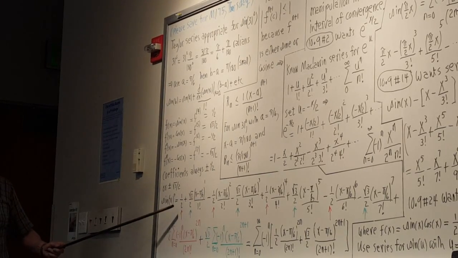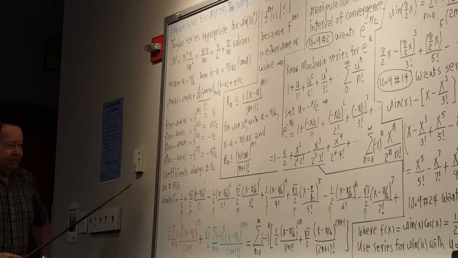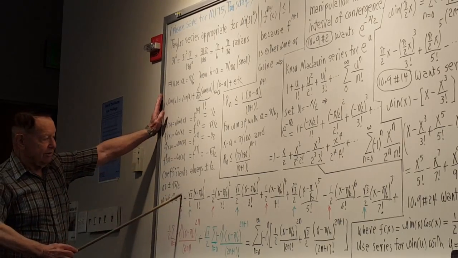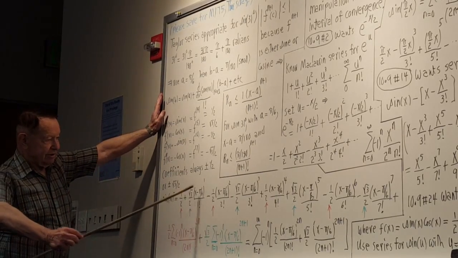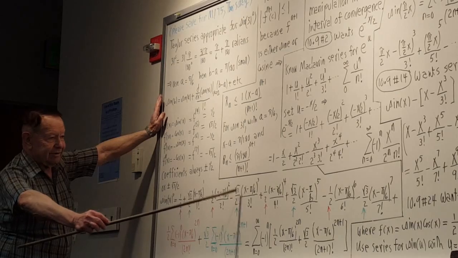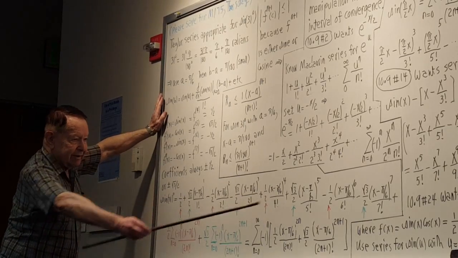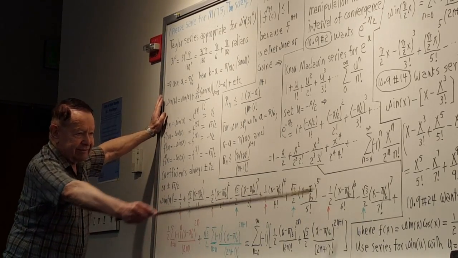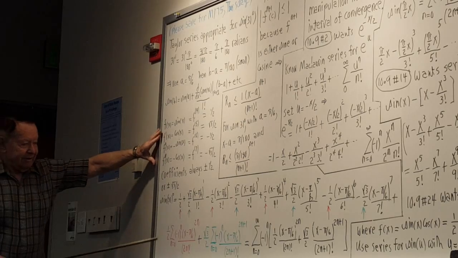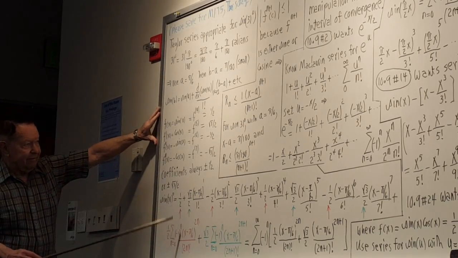The reds are the 0th derivative, first, second, third, fourth, fifth, sixth, so they're the even order derivatives.